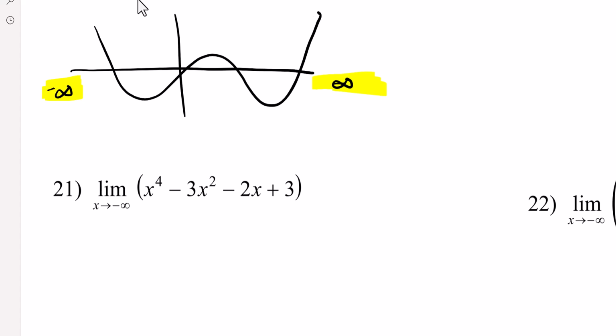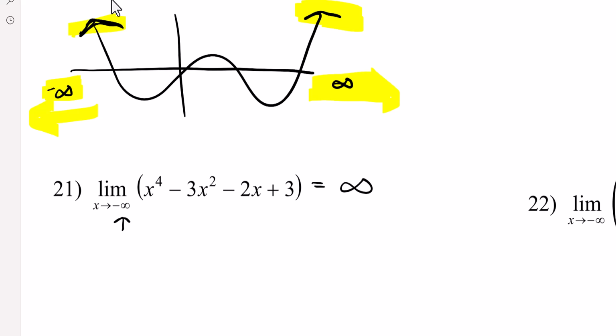So let's say the graph looks like this. Well, look at what's happening. As you go this way, the graph is going up. If you go this way, so in this case, as we're headed towards negative infinity, the height is getting infinitely taller. So positive infinity.